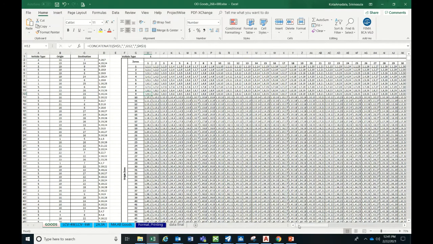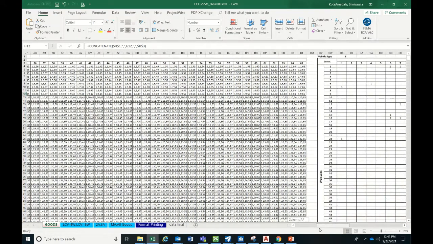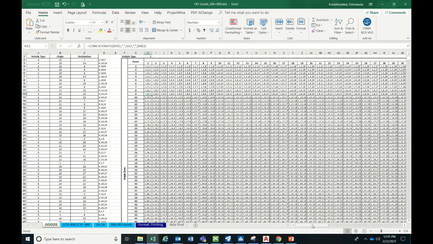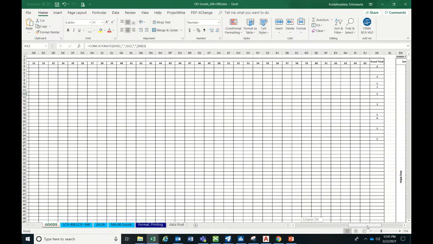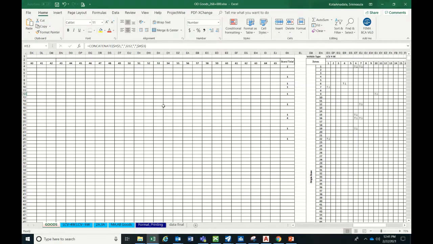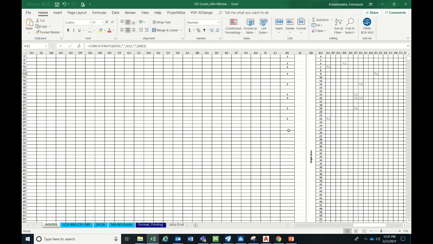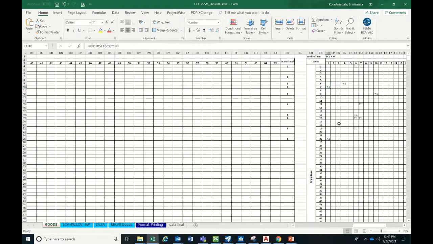That needs to be calculated. Then once the vehicle number you got, you have the sample size, just divide and you will get the percentage. 7.1% of vehicles are coming from origin 7 and destination 1, and the vehicle type is LCV 4 wheel.